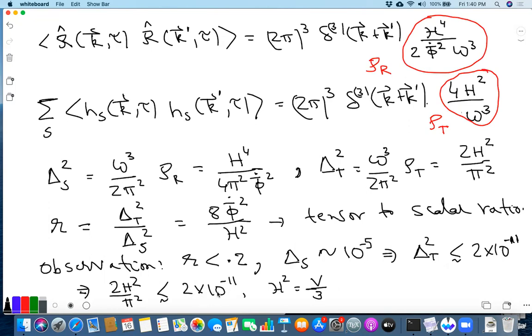So this then gives you information about v directly. This implies that v is less than or equal to 3 pi square by 2 times 2 times 10 to the minus 11. That's about 3 times 10 to the minus 10.